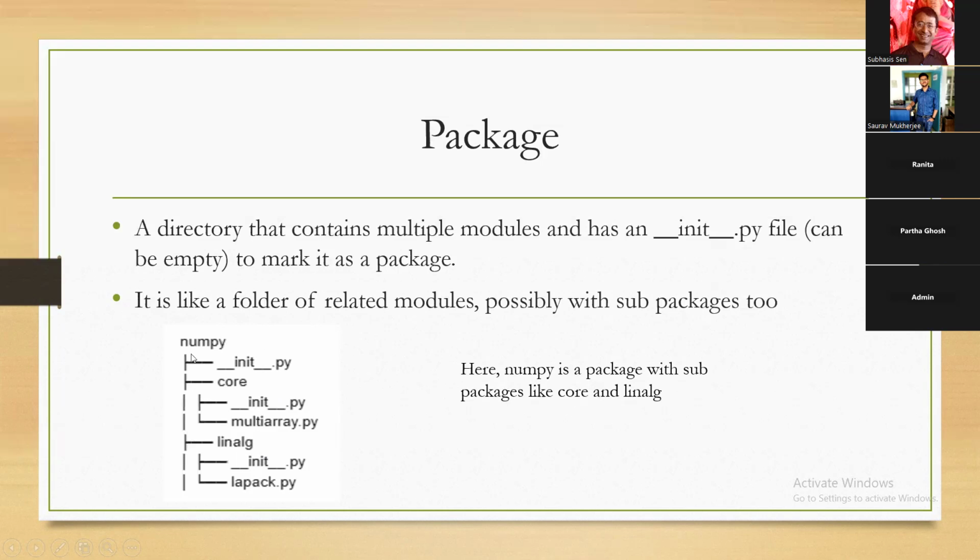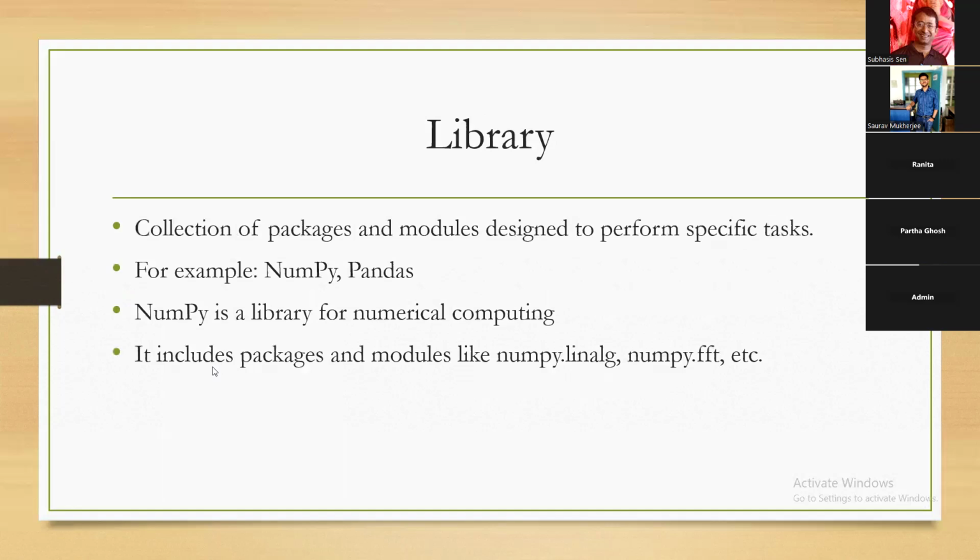So core is a sub package of NumPy and linear algebra is a sub package of NumPy. When you import a package in Python, that package contains many sub packages. That is the advantage of Python. If we import NumPy, we can do so much work under NumPy. And what is a library? Finally, library.